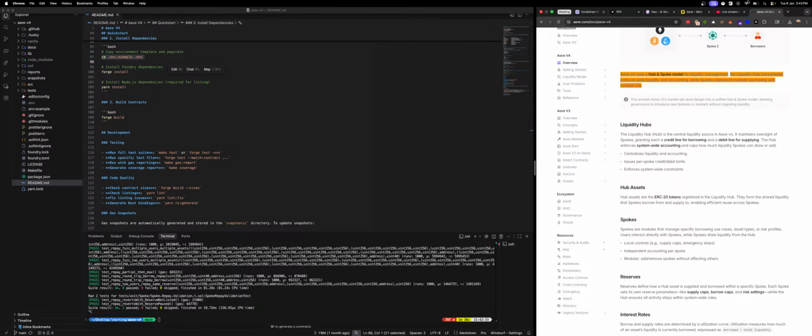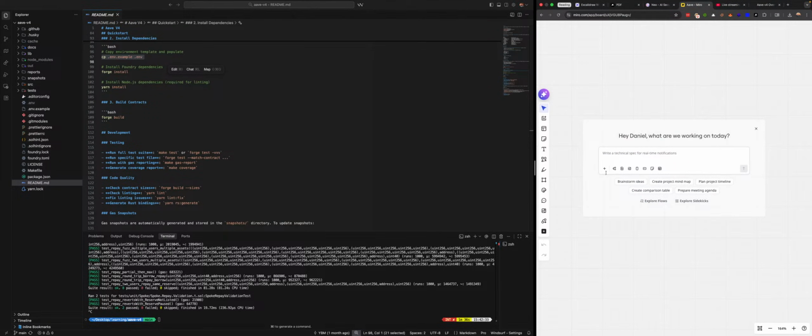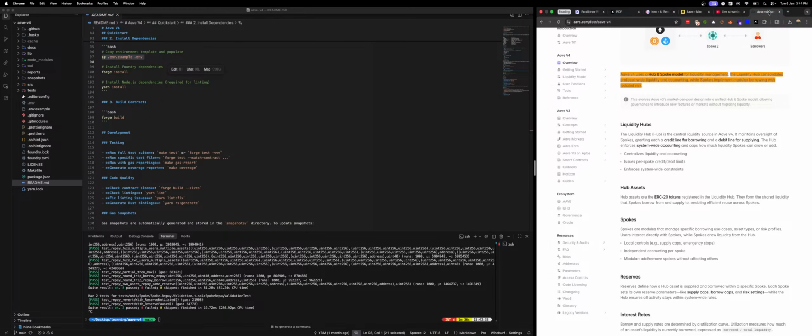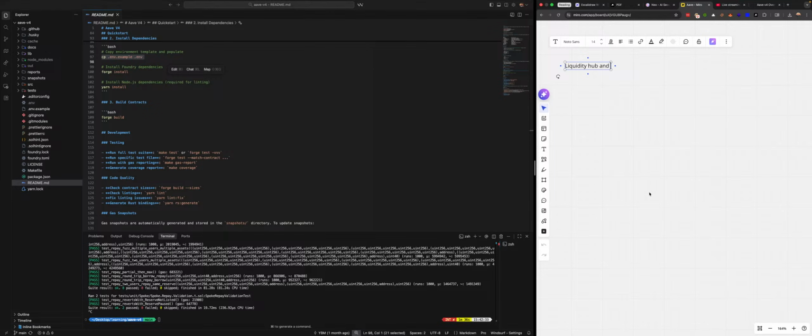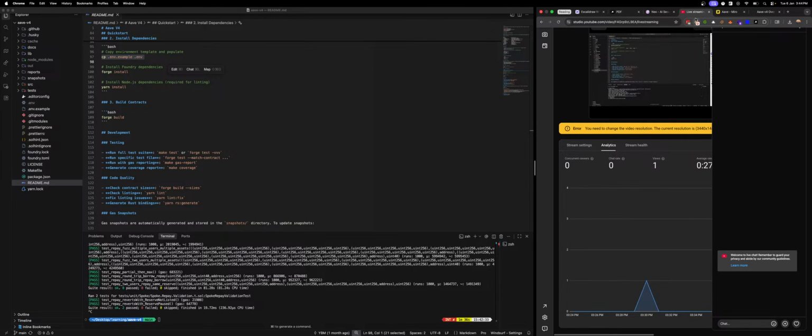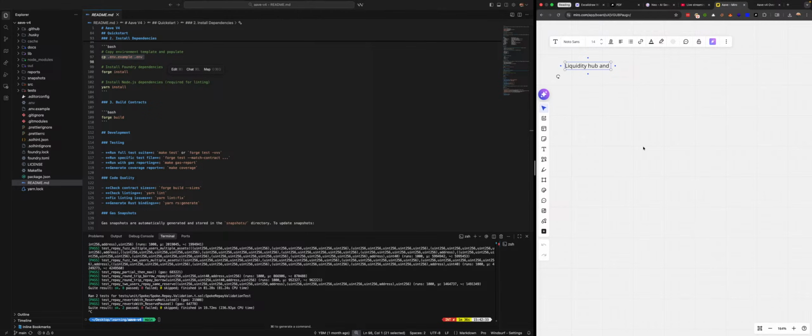Okay, so let me create some text here: liquidity hub, and what was the name? I think it was spokes. A weird choice of names, I think it's not really convenient.